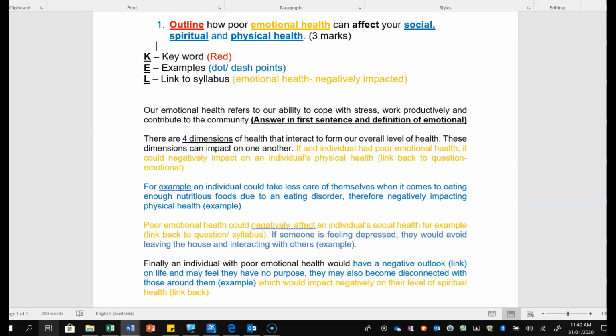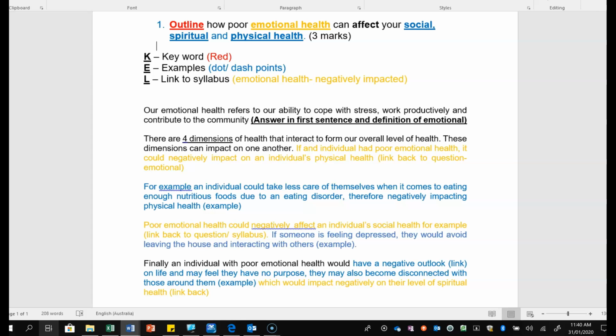First of all, I'm going to link emotional to physical health. So I've put: if an individual has poor emotional health, it could negatively impact an individual's physical health, which is a link back to the question and the dash point. Then I've given an example.